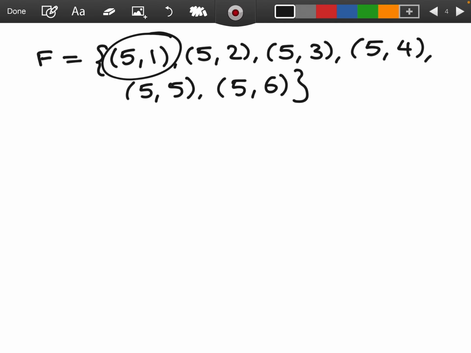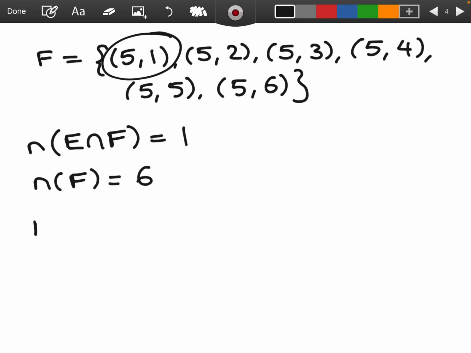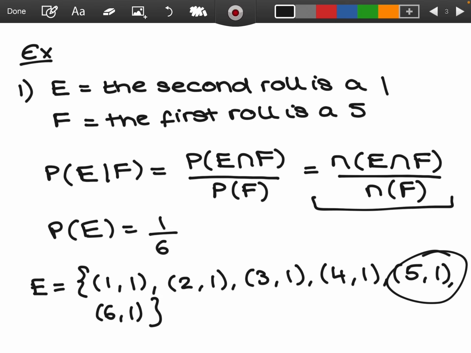Okay. If we look at this, the only outcome that these two have in common is 5,1. So that tells me that the number of outcomes that are in E intersect F is just 1. And my number of outcomes in F is 6.